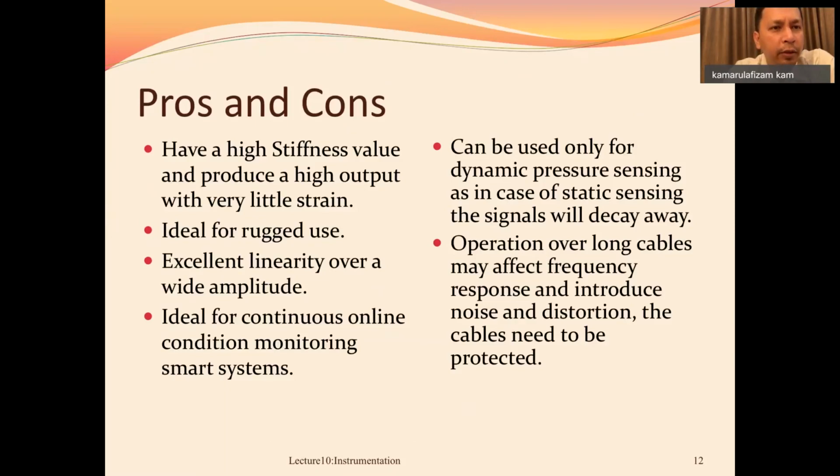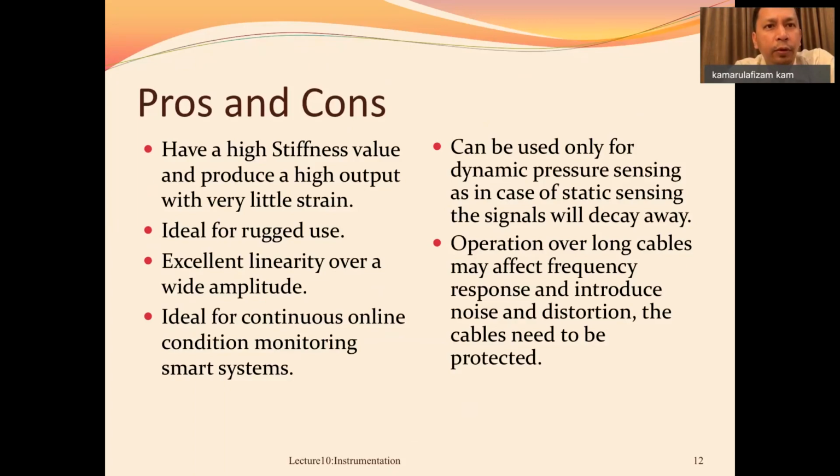So it's good for rugged use, for example just now in the application of the internal combustion engine. It has excellent linearity. Of course, it's ideal for continuous online condition monitoring. The reading is very stable, almost no hysteresis.